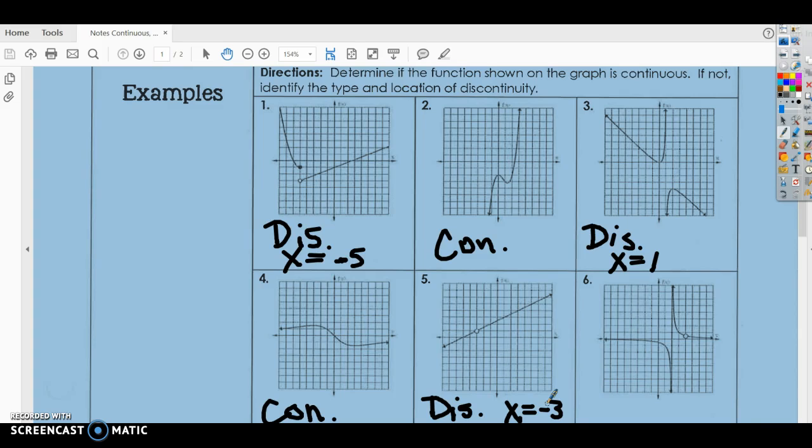And if you look at number 6, it is discontinuous because it's 2 pieces, and it also has a hole on this side as well. So this one is definitely discontinuous. It is discontinuous at, there's my y-axis, so 1, 2.